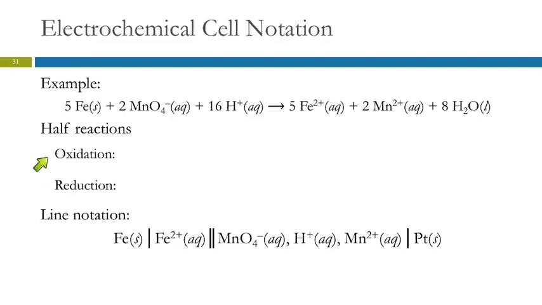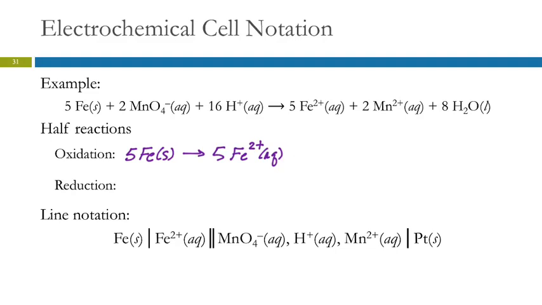So let's write the oxidation and reduction half reactions for this cell. So this is the oxidation. We've got iron going to Fe2+. So we've got 5 Fe solid going to 5 Fe2+ aqueous.